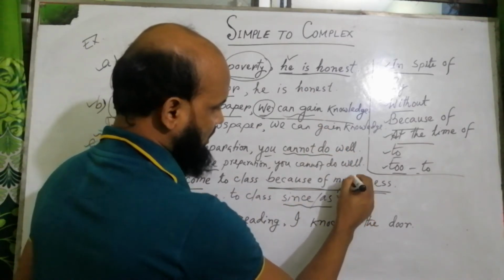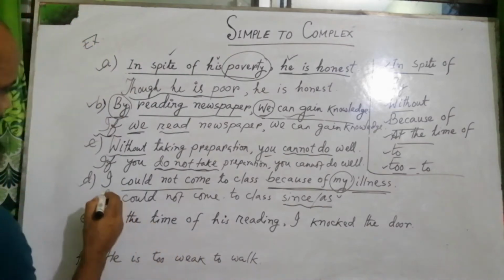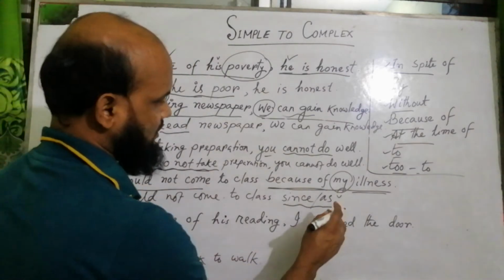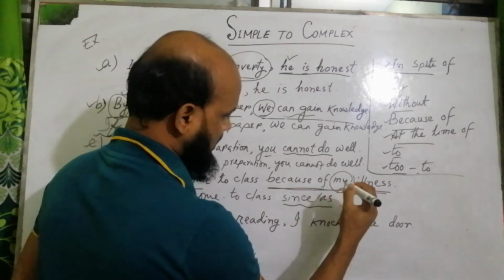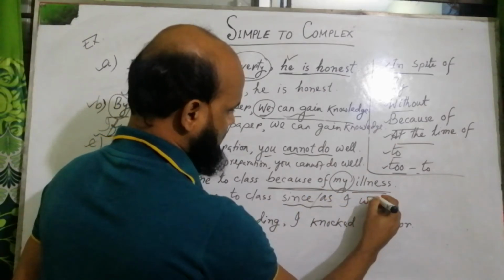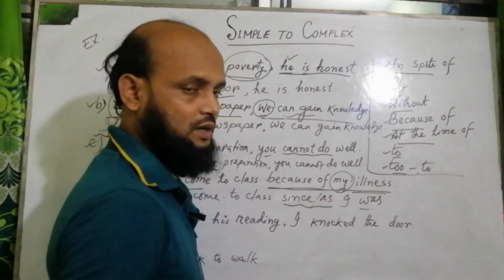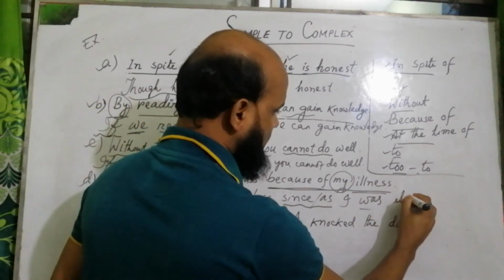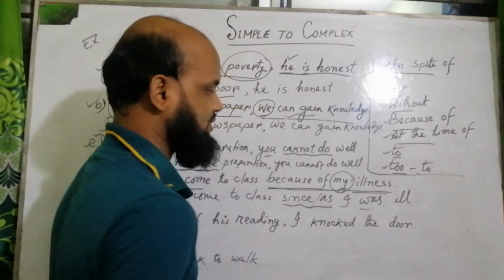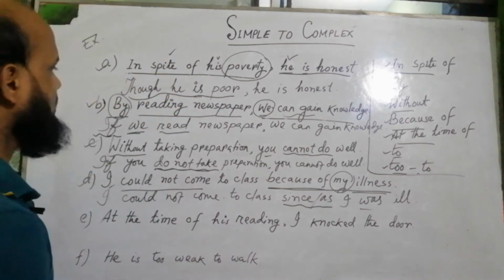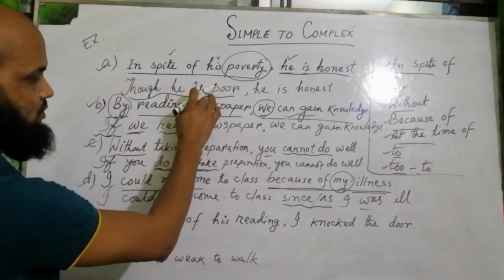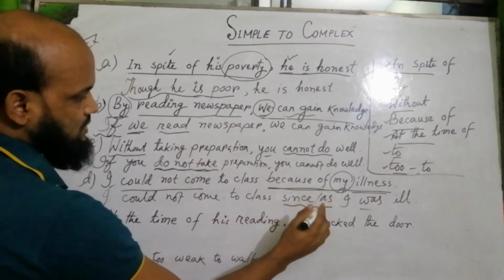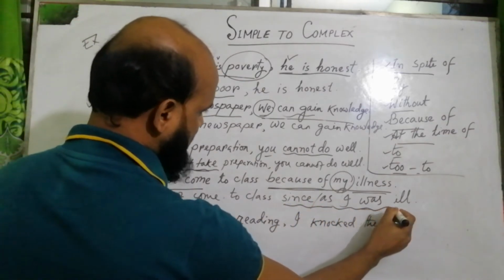Since, now you have to write the subject because the subject here is I. As I, and this is a past tense, then you have to write the was. As I was. In that case, you have to write the adjective form also, like this. So this is now the subordinate clause.